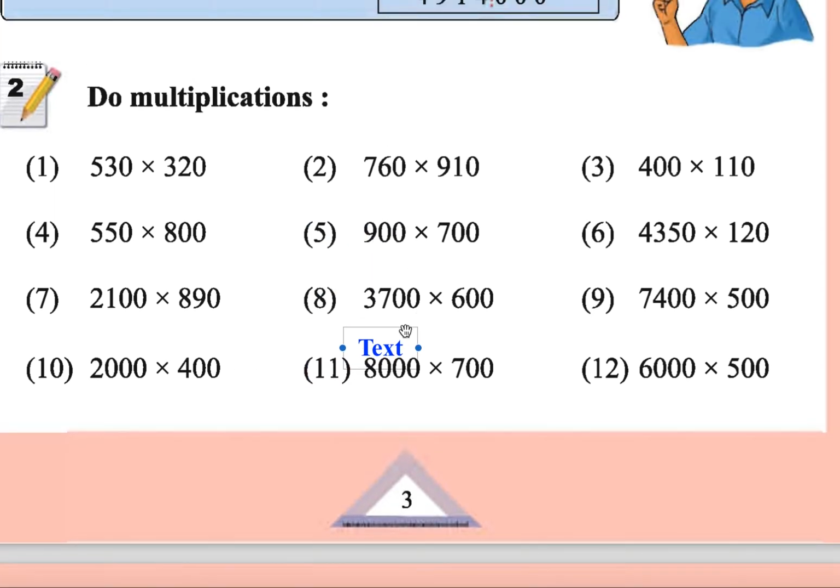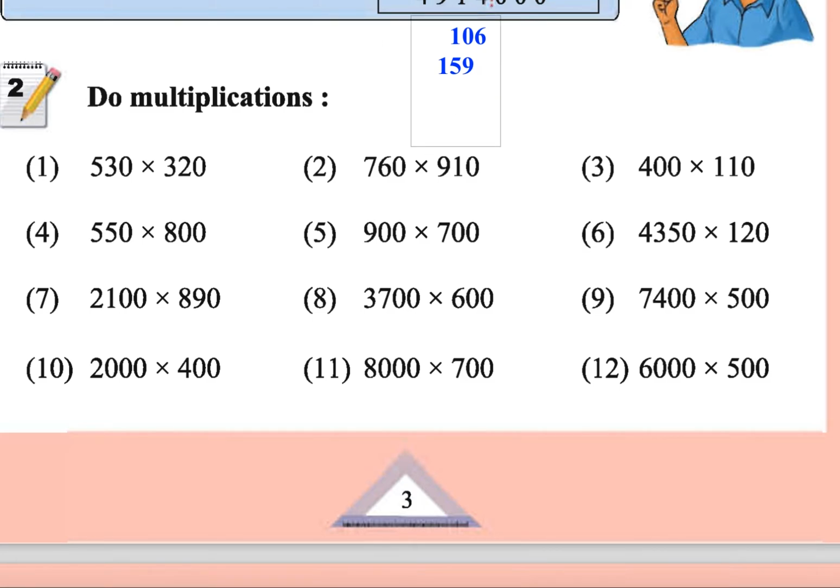Here we will put 2 3s are 6, 2 5s are 10. Then 3 3s are 9, 3 5s are 15. But what about the order? This must be in the tens place. 9 must be in the tens place. Okay, now this is correct.